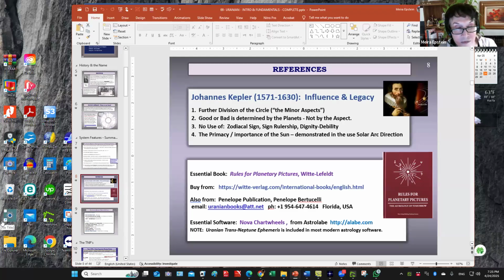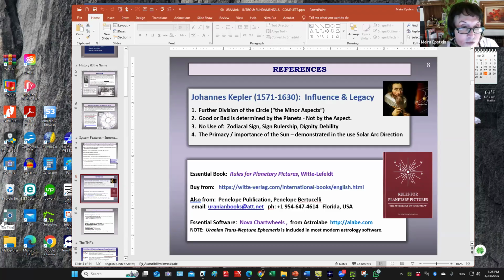So even though Alfred Witte in Hamburg created a new approach, he did not come out of thin air, did not dream it up. It had a good historical foundation all the way back. So I'm not going to elaborate on it too much, but you need to know that this approach has historical foundation.